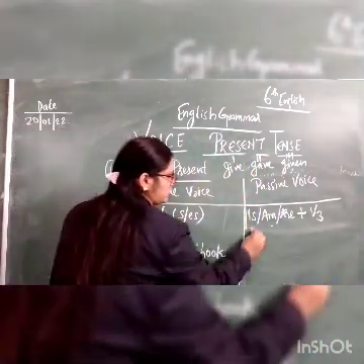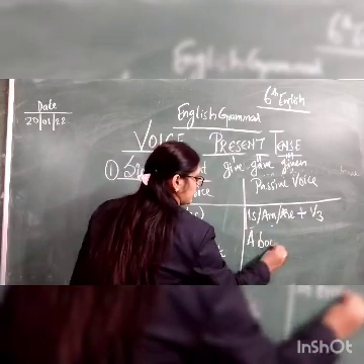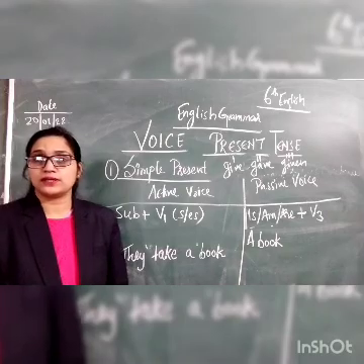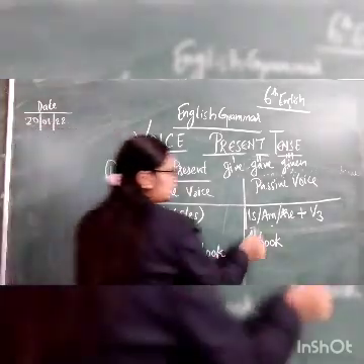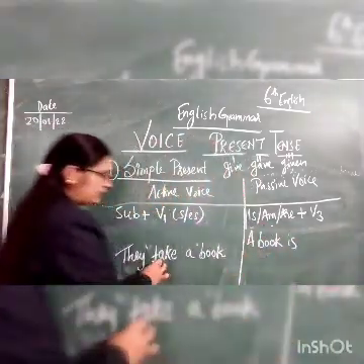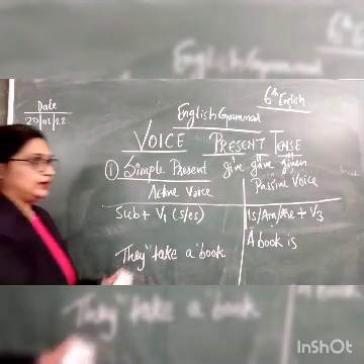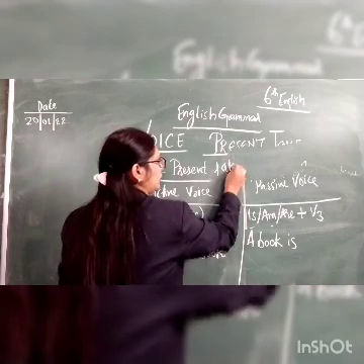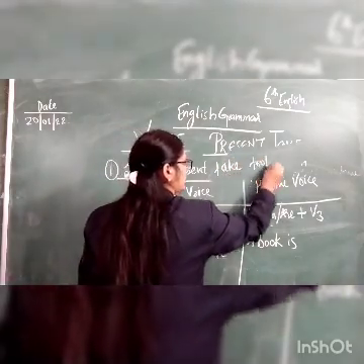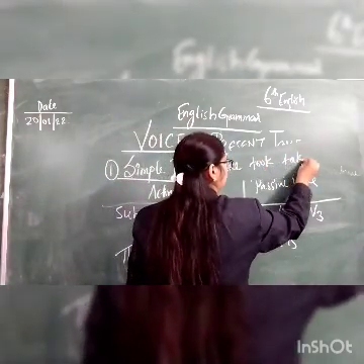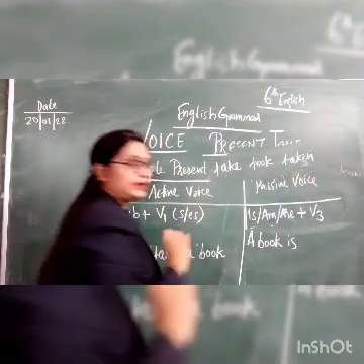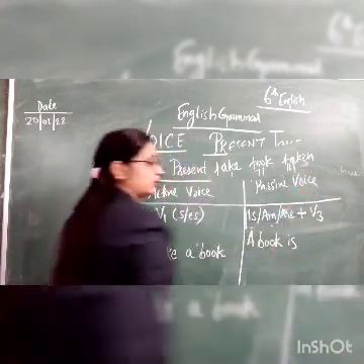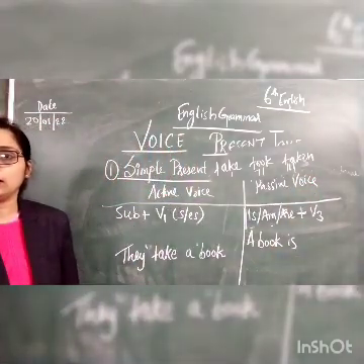A book. Now according to this subject we have to choose from is, am, are. A book is take. Take, took, taken. Take is verb first form, took is second form, and third form is taken.